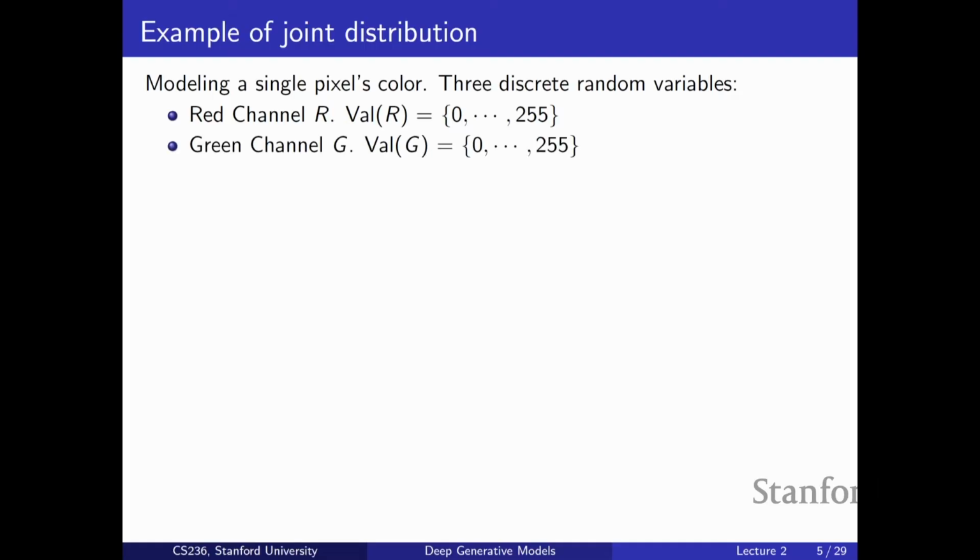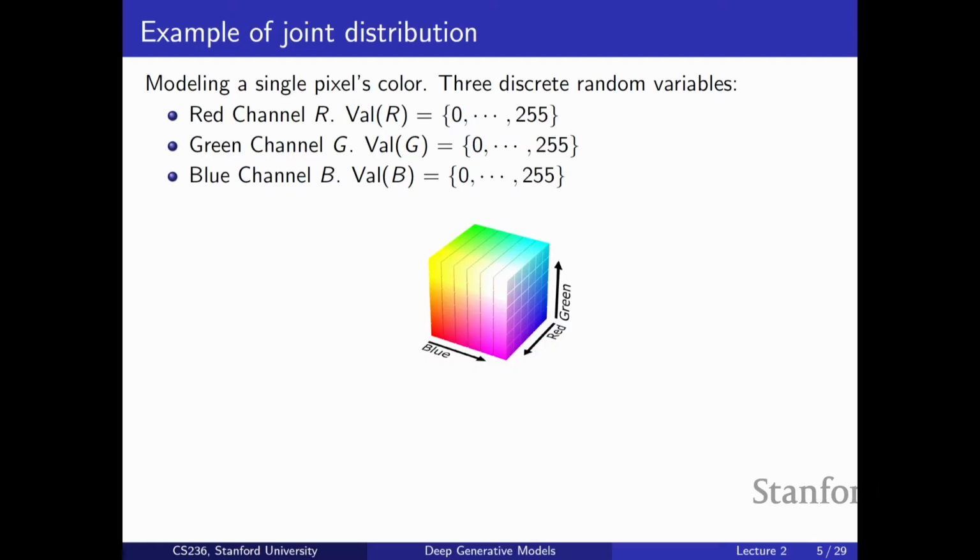You also have to specify a green channel intensity and a blue channel intensity. With these 3 random variables, you capture the space of possible colors, discretized according to the granularity that you've chosen. And now you're able to describe many different colors for that particular pixel, each one corresponding to an entry in this cube.